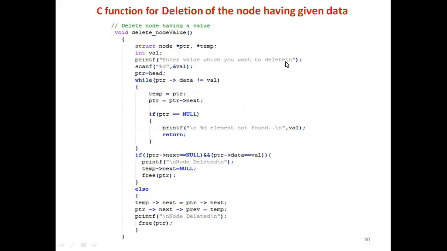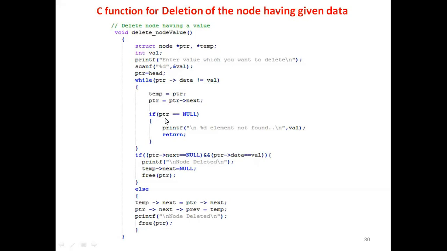Here a message is displayed: enter the value which you want to delete, and then the scanf function is used to take that value. Then ptr equals to head. For traversing from the first node, we use ptr equals to head. Then while ptr arrow data not equals to val, temp equals to ptr, and then ptr equals to ptr arrow next.